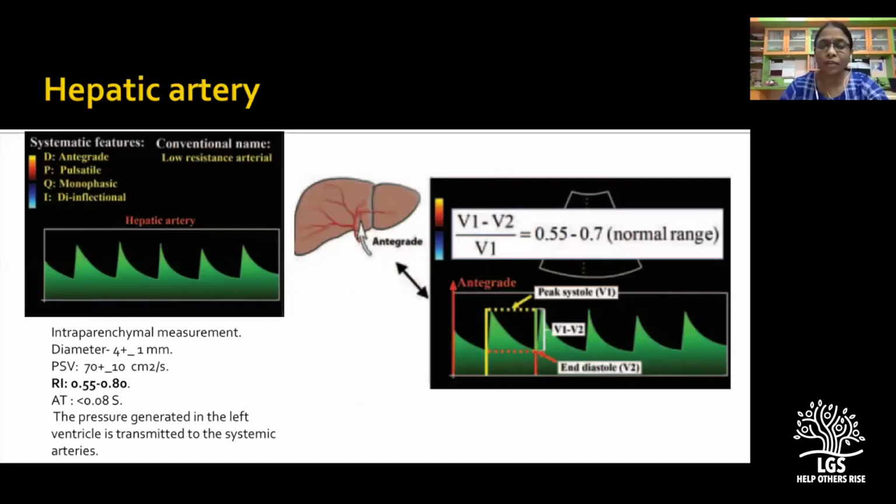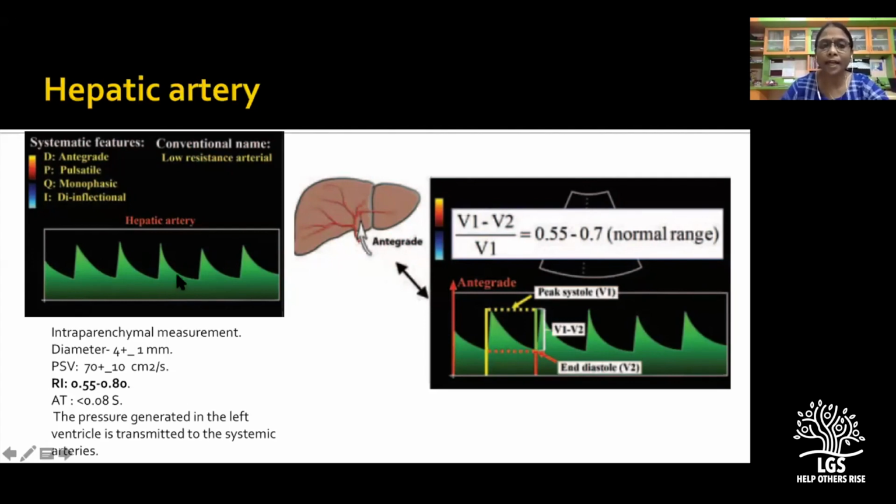Whenever we need to pick up an abnormal waveform, it is essential to know the signature waveform of the hepatic vessels. And this is the signature waveform of the hepatic artery. Basically, when the flow is towards the transducer, it is represented above the baseline, as in the case of the hepatic artery and portal vein. When the flow is away from the transducer, it is represented below the baseline, as in the case of a hepatic vein.